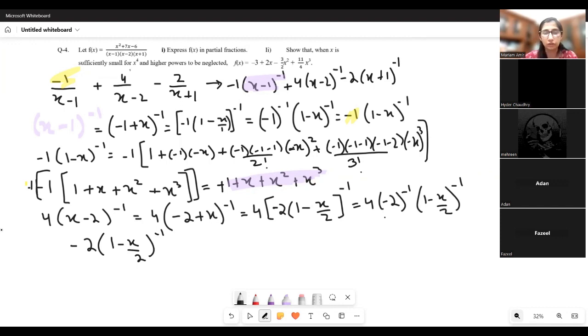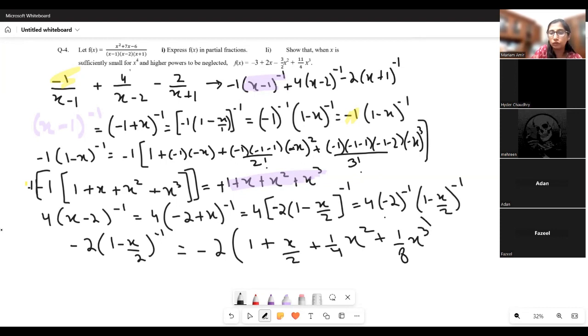Can we just directly use that answer? We've already expanded that in the previous part. Just use the answer, okay? This is going to be minus 2 times 1 plus x upon 2 plus 1 by 4 x square plus 1 by 8 x cube. I think in the last part we expanded it till x square, we didn't go to the next term.